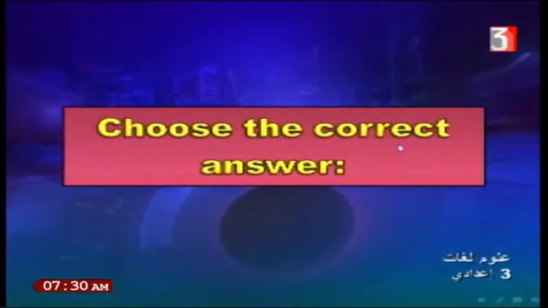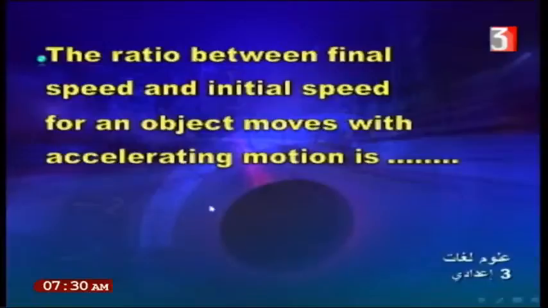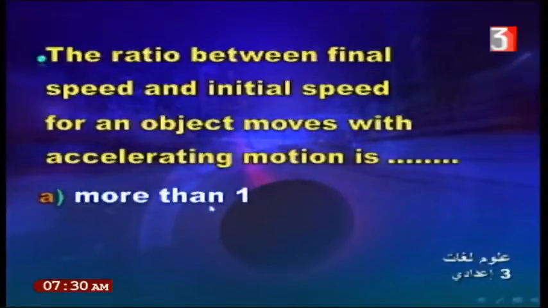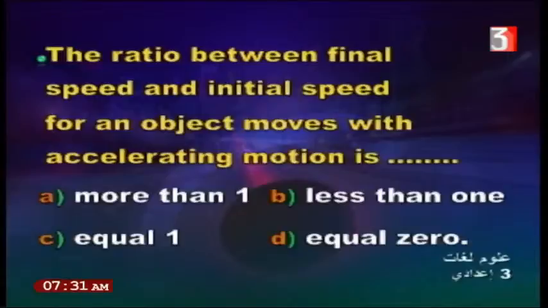Another question in our general revision is choose the correct answer. The first question: the ratio between final speed and initial speed, Vf over Vi, for an object moving with accelerating motion is more than 1, less than 1, equal 1, or equal 0.